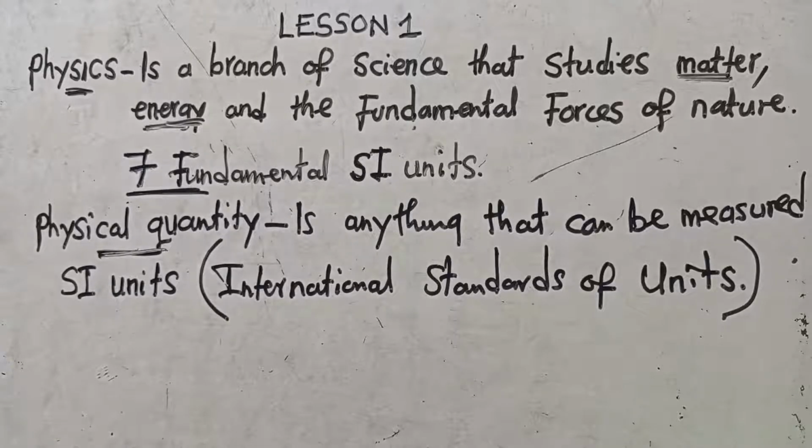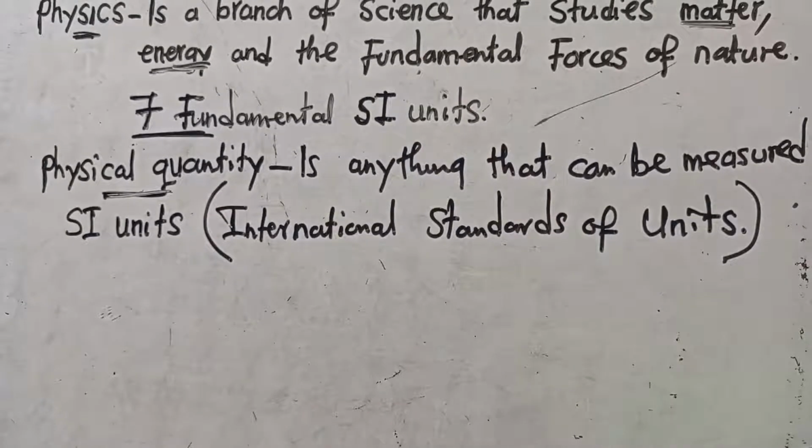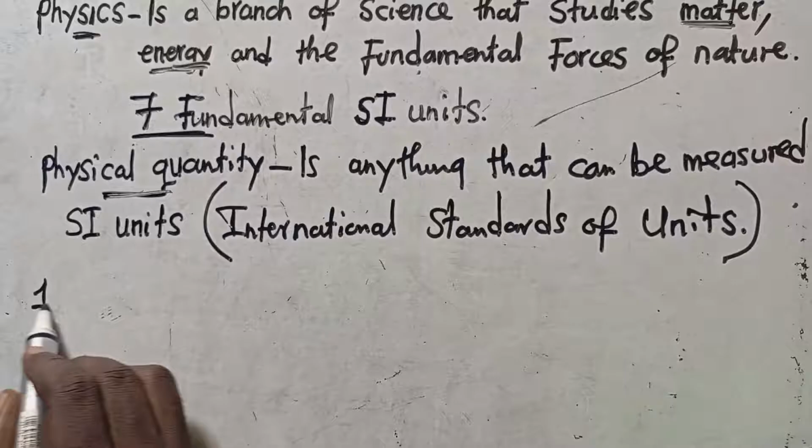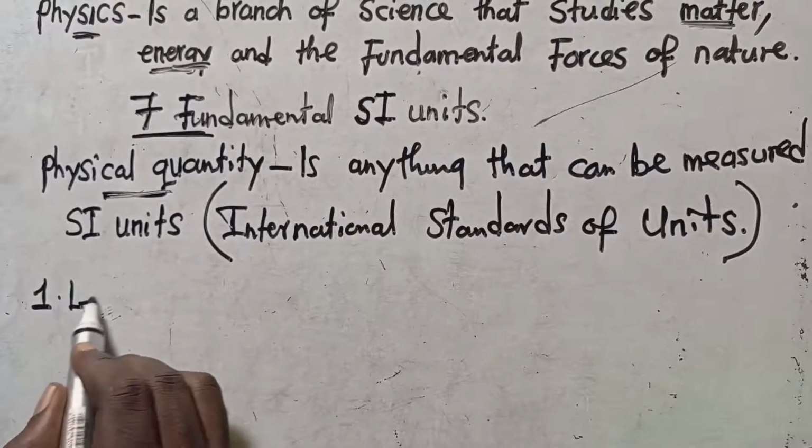I've told you a physical quantity is anything that can be measured. So we've got 7 physical quantities that you need to know and understand. The first one that you need to know is what we call length.